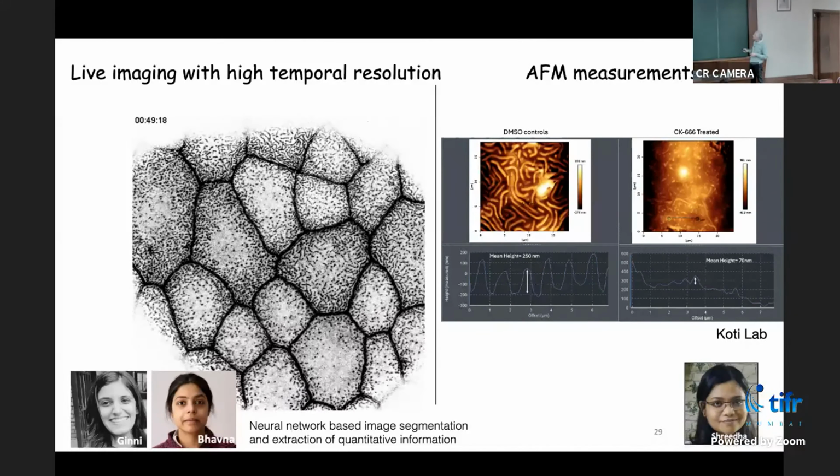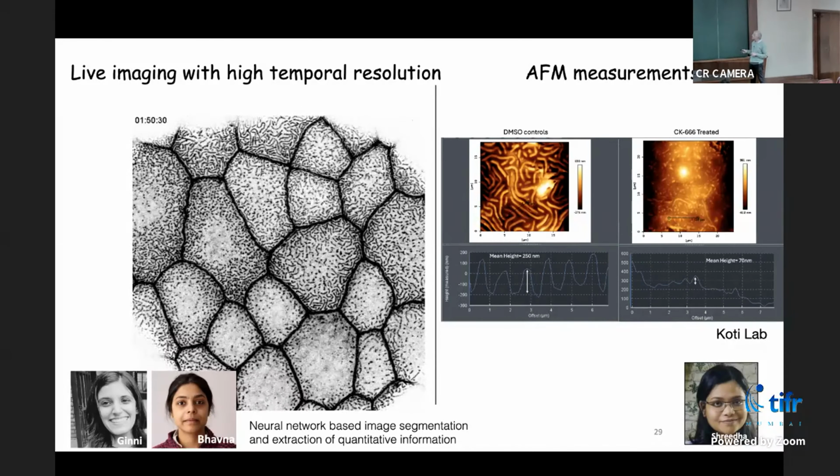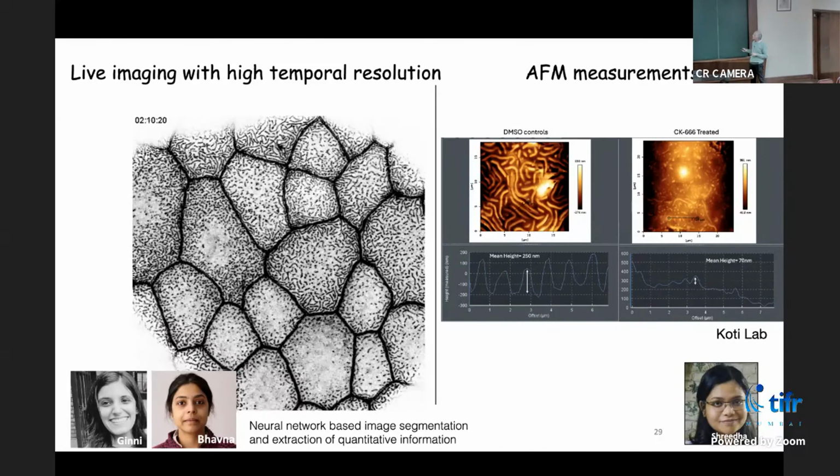And what it seems like is that when the ridges are short and punctate, they are not really tall. When the ridges are extremely small, just after we have washed off the drug, but they have not grown long, they are as tall as maybe 70 nanometers, these small membrane deformations.